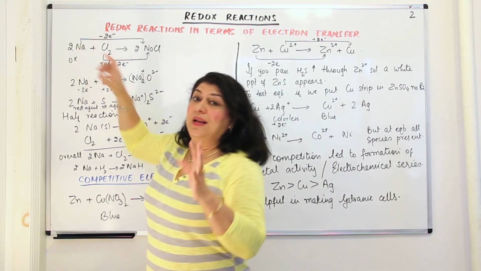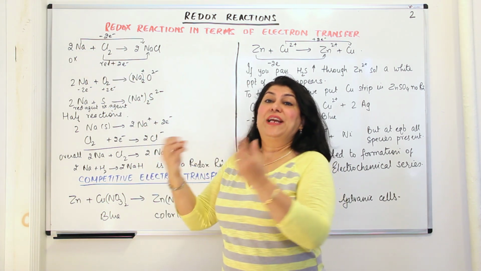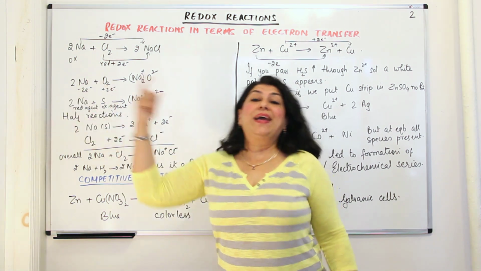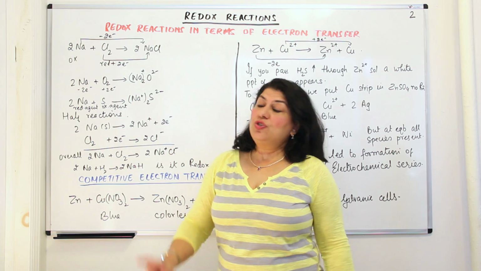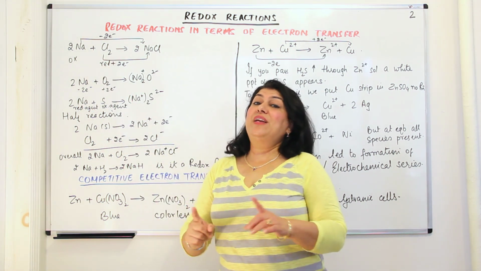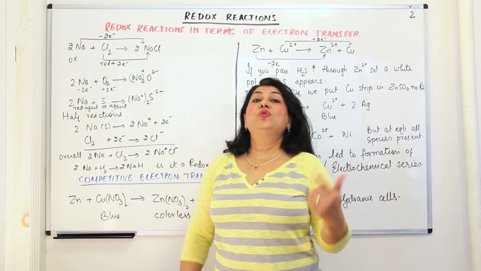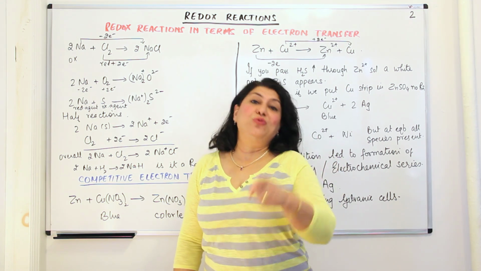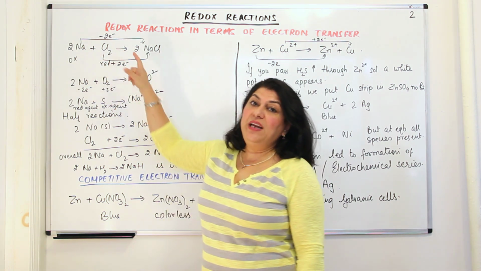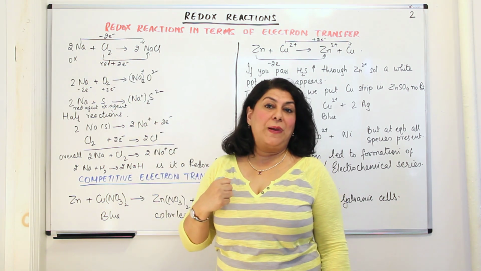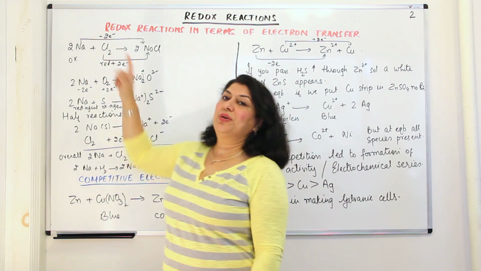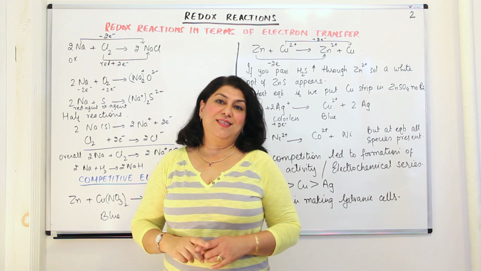An atom can lose electrons only if it has another atom who is ready to accept that electron. So sodium will only get oxidized if there is another atom present who is ready to get reduced. In order to oxidize sodium, chlorine had to get reduced, and in order for chlorine to get reduced, sodium had to get oxidized.